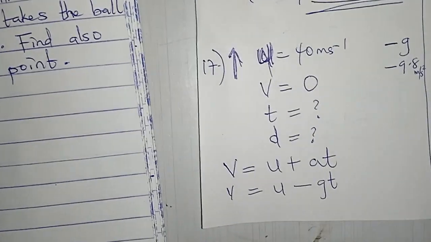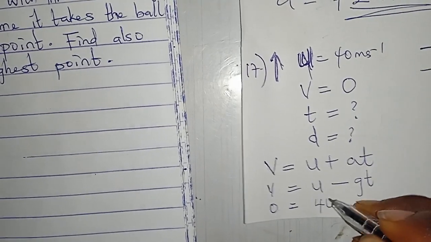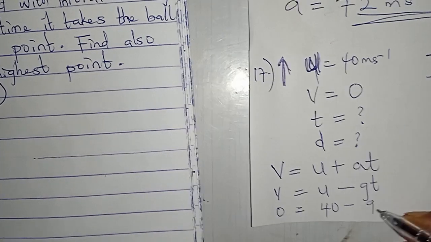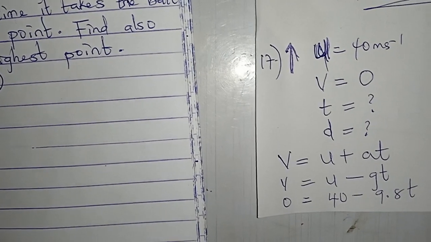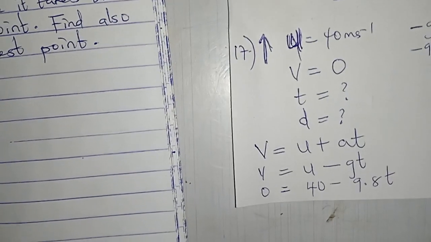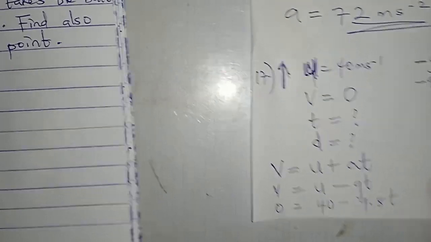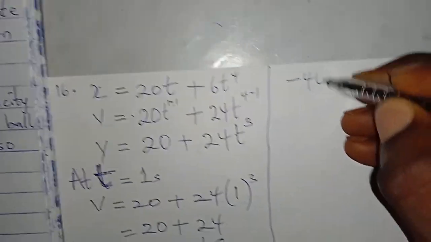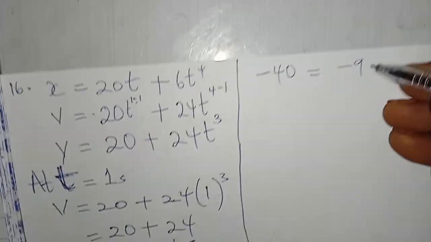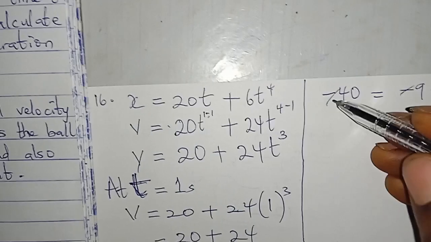So it becomes 0 equals 40 minus 9.8t, and t is what I'm looking for. So I let the 40 cross the equality sign, because minus 40 equals minus 9.8t. Minus minus cancel.